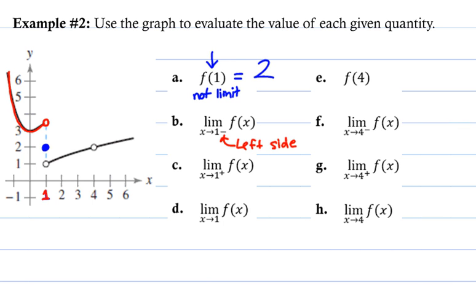So from the left side, as it gets close to or right on 1, I need to know how tall the graph is. How high is it? What's the height? At 1, if I go up, here we go. This is how tall the graph is. Yes, it's a hole. It's not a solid line. But that is where my limit is located. That is not what f of 1 equals, but that is what the limit as x approaches 1 from the left side is. And this looks like it's right in the middle of 3 and 4, so this would be 3.5.